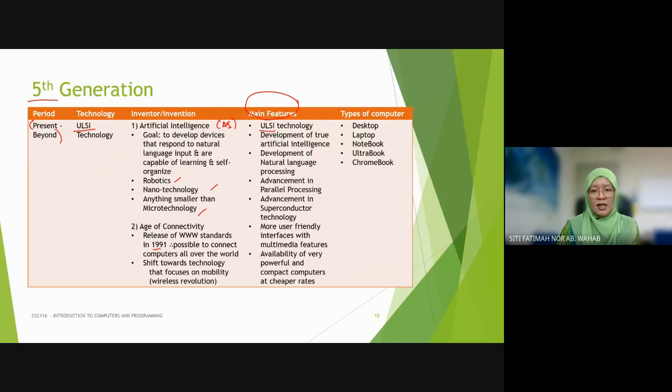The ULSI technology, the development of true AI, the development of natural language processing, the advancement in parallel processing, advancement in superconductor technology, more user-friendly interfaces with multimedia features, availability of very powerful and compact computers, but at a cheaper rate. So types of computers are desktop, laptop, notebook, ultrabook, Chromebook. Okay.